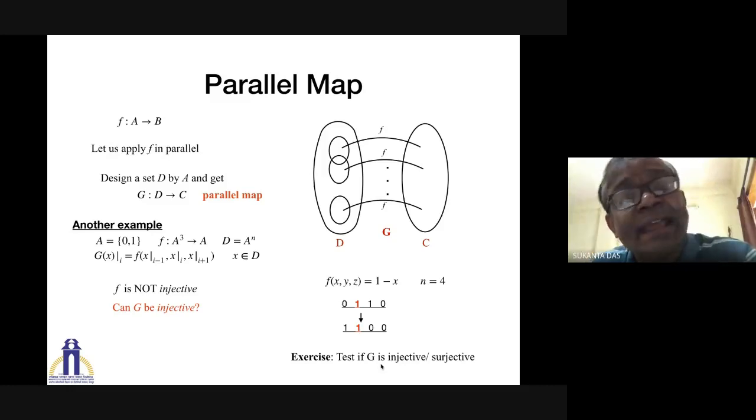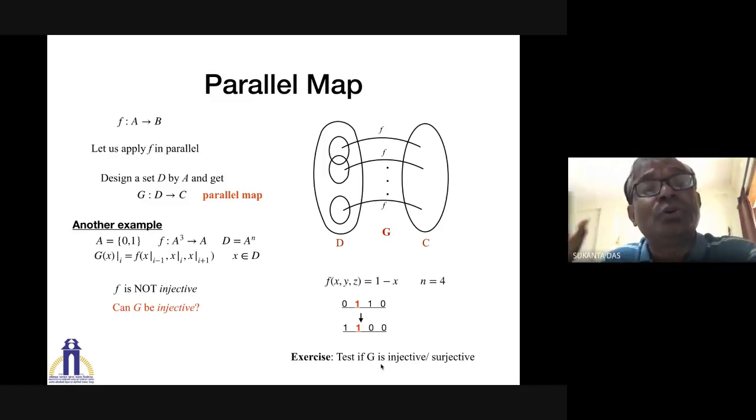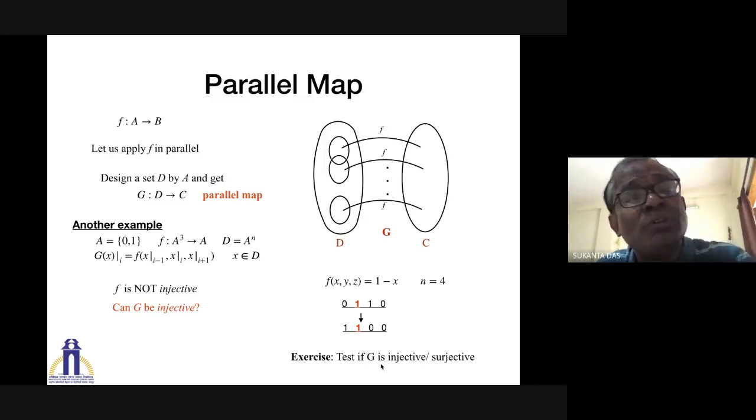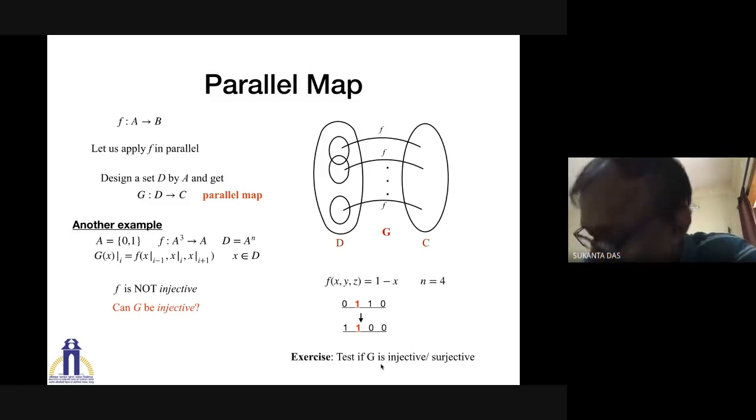A cube has 8 elements, 000 to 111, and they have to be mapped to only 0 and 1, so it cannot be injective. So the question comes: can G be injective, despite this fact? This is not a trivial case, the example I have given here.